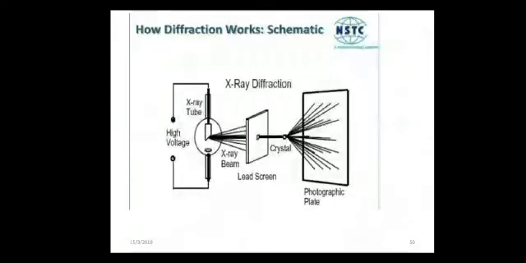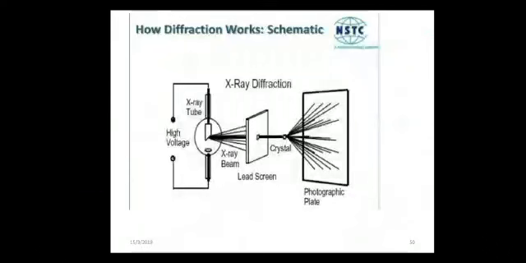Next we have detectors; here photographic methods or counter methods are used. Next is the goniometer, the instrument used to maintain the angle of rotation.